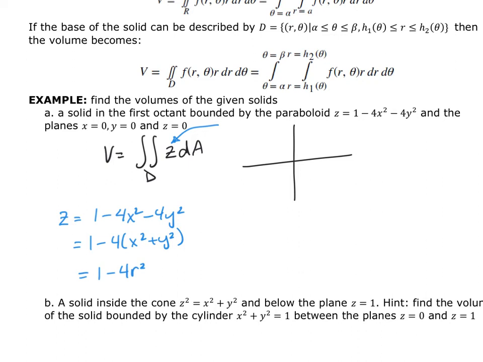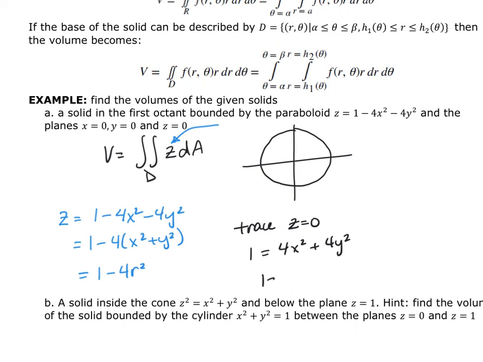So if I think about the trace in the xy plane, just the xy plane in the first octant, we have this circle. When z is equal to 0, I've got 1 equal to 4x squared plus 4y squared.